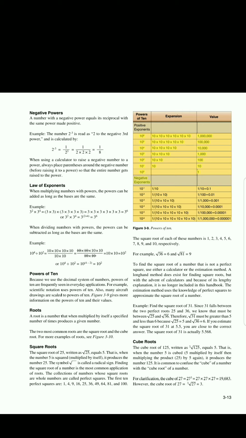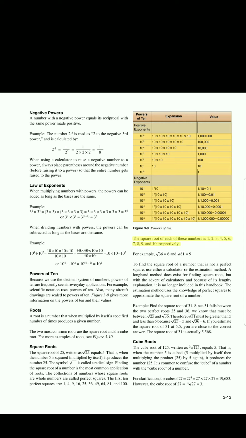Negative exponents: 10^-1 equals 1/10, which is 0.1; 10^-2 equals 1/100, which is 0.01; 10^-3 equals 1/1000, which is 0.001; 10^-4 equals 1/10,000, which is 0.0001; 10^-5 equals 1/100,000, which is 0.00001; 10^-6 equals 1/1,000,000, which is 0.000001.